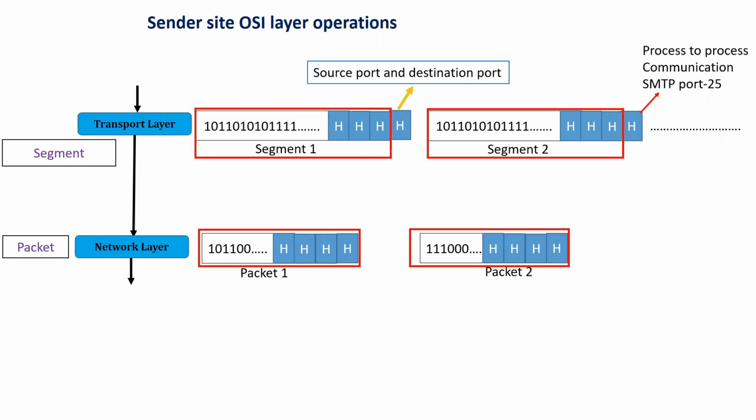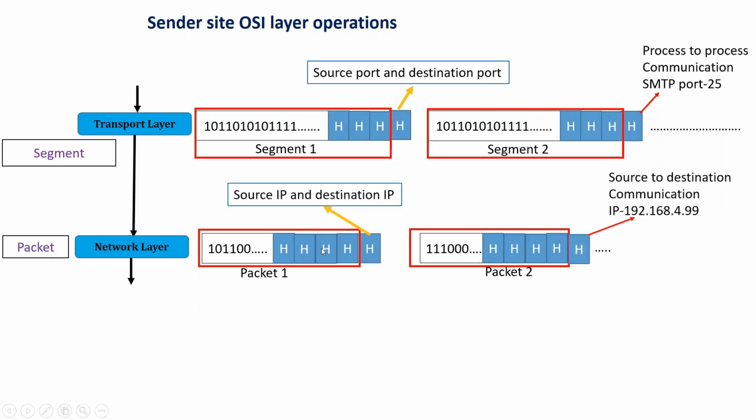The header of the network layer contains the source IP and destination IP address. The source IP is my IP address, and the destination IP represents the device with which I want to communicate. So the source IP and destination IP are added in the network layer header.